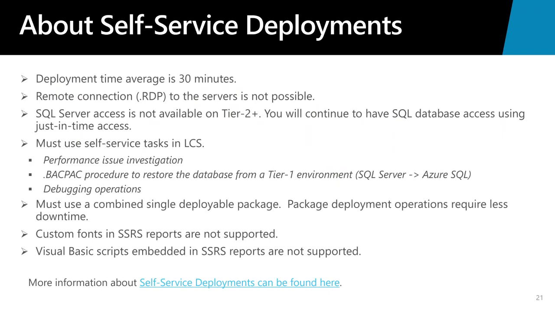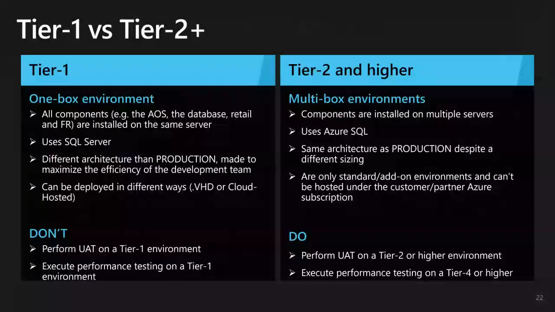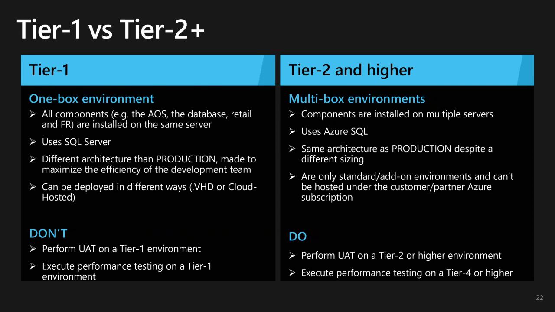Next, let's talk more about the difference between Tier 1 and Tier 2 and above environments. One important thing you need to realize is that Tier 1 has a different architecture compared to the other sandboxes and production environment.